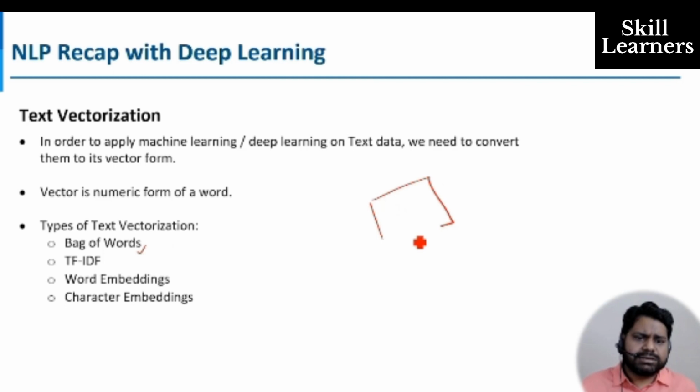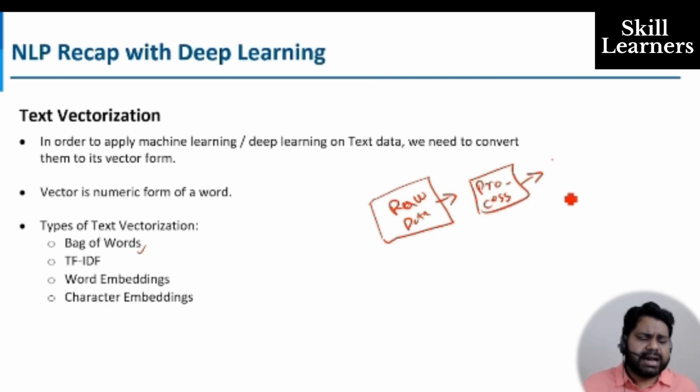Bag of words is a technique in which, from the entire text corpus, let's say we have raw data and then we do processing, and after processing we get a data. This text data will go into a box.